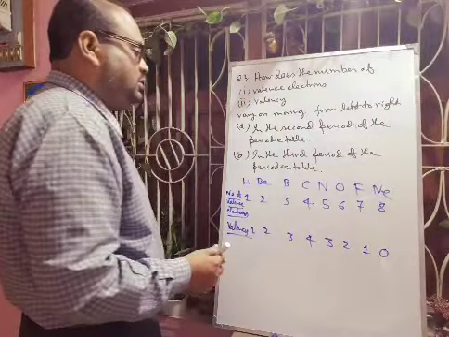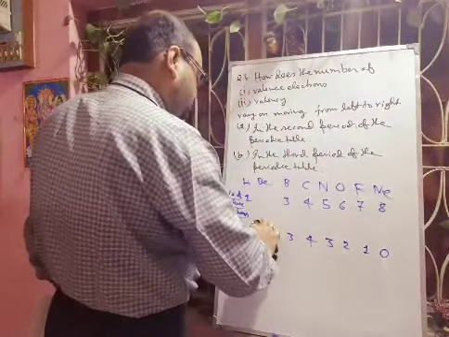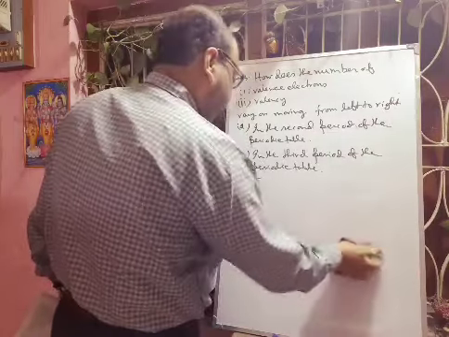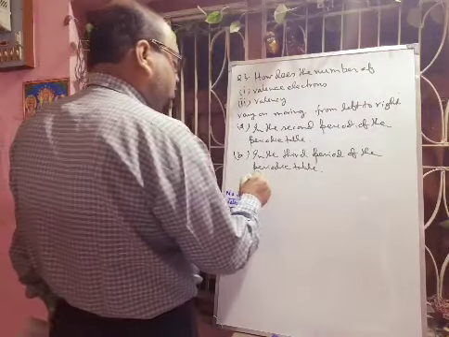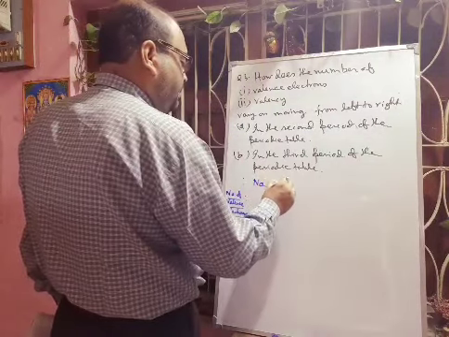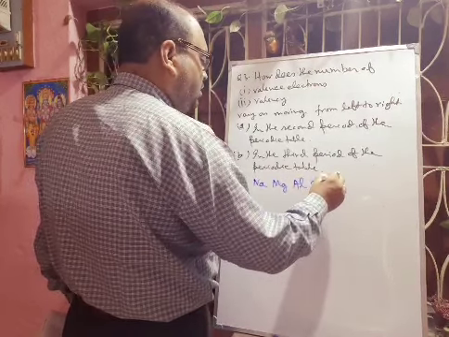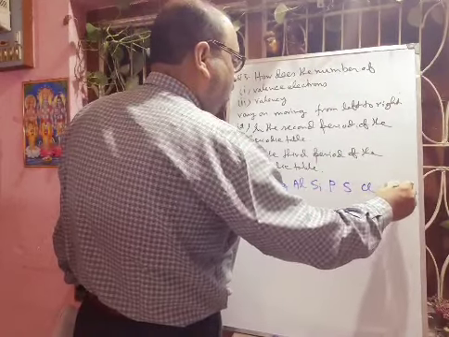Okay, next we will go for the third period. In third period the elements are sodium, magnesium, aluminium, silicon, phosphorus, sulfur, chlorine, argon.